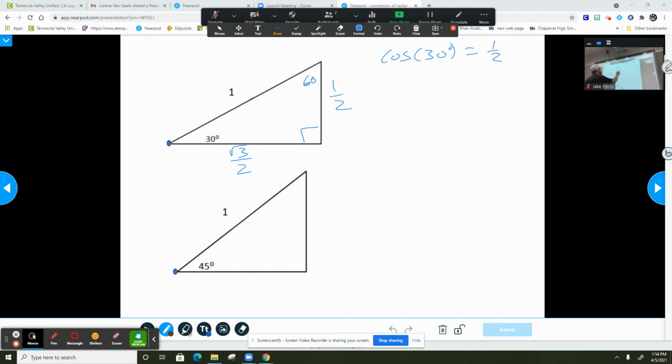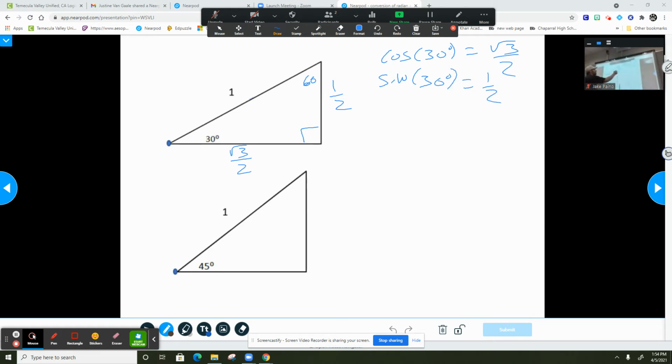And if I do sine of 30 degrees, I'm sorry, my bad. I did that backwards. Let me erase that. Cosine is adjacent over hypotenuse, so that's rad 3 over 2. And then sine is opposite over hypotenuse, so sine 30 degrees is 1/2.